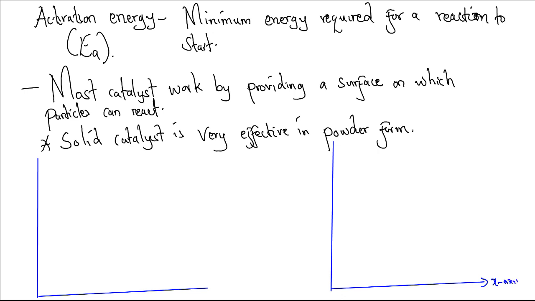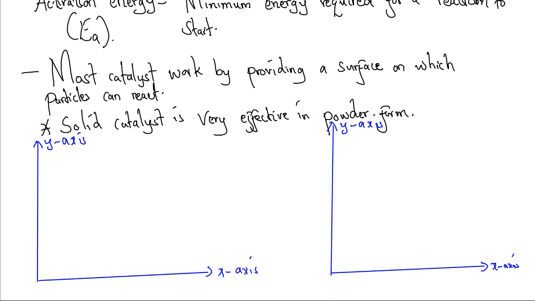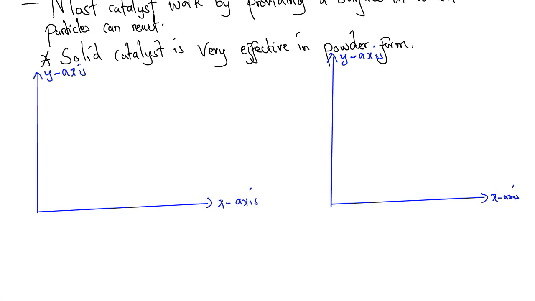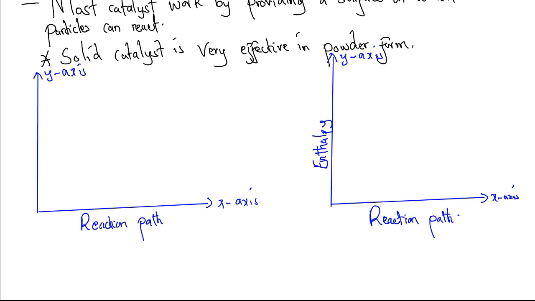This is the Y-axis, this is the X-axis. So we have reaction path on the x-axis and enthalpy on the y-axis.